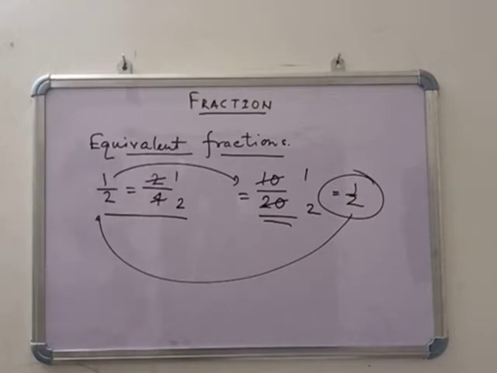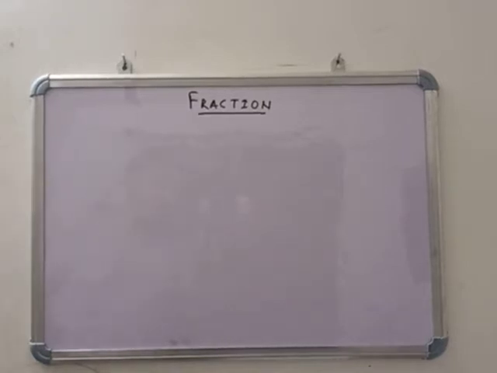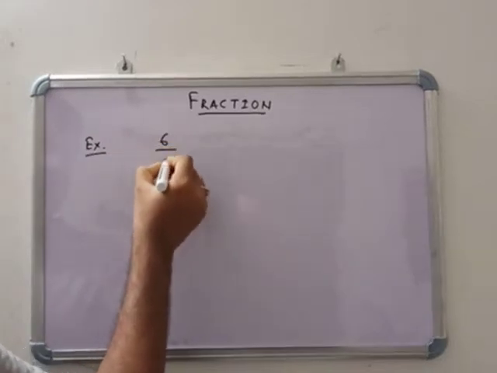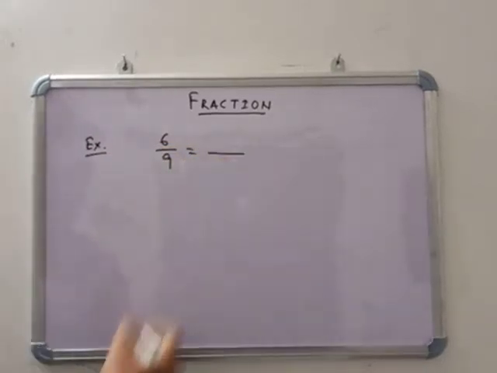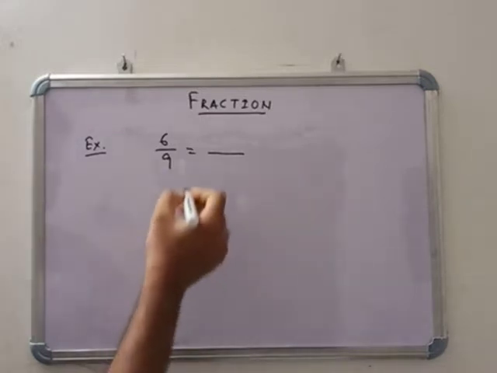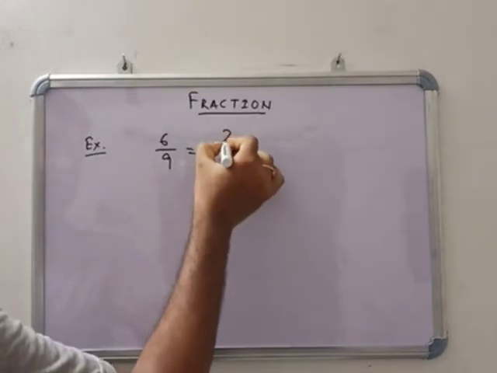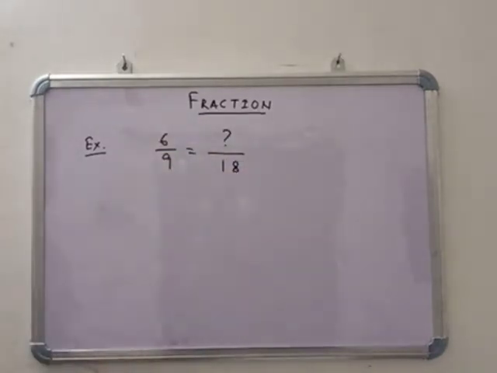Now we are going to the exercise. Before we start the exercise, one more thing we have to discuss. Suppose this type of sum is given. For example, 6 by 9 equals 18 by this.